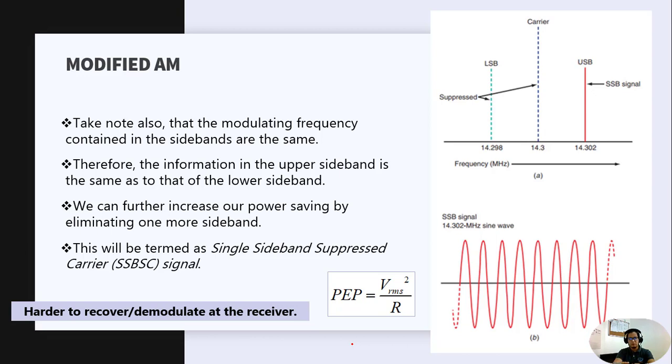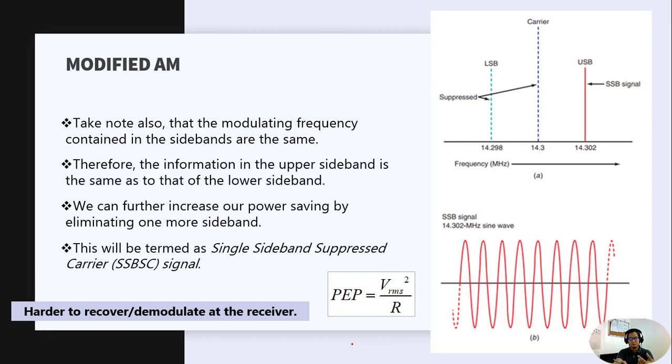But to give you a glimpse of how hard is it to demodulate signal without the carrier, para kasi makapag-demodulate or ma-receive natin, ma-decode natin yung AM wave sa receiver side, isa sa requirement is to have the carrier.